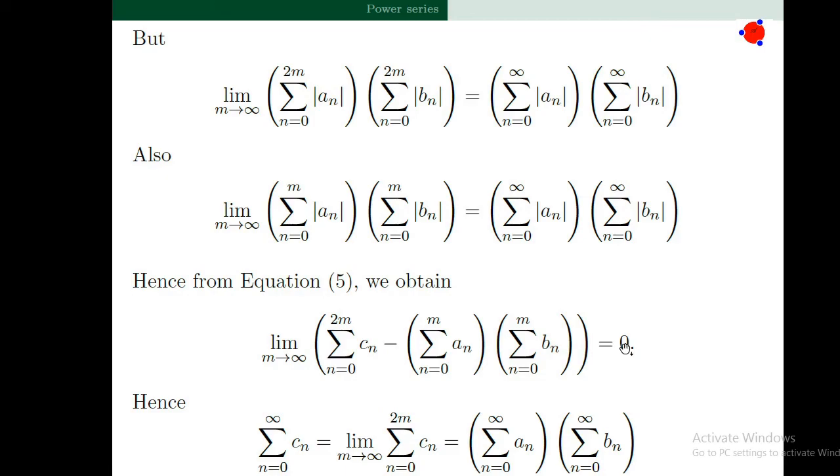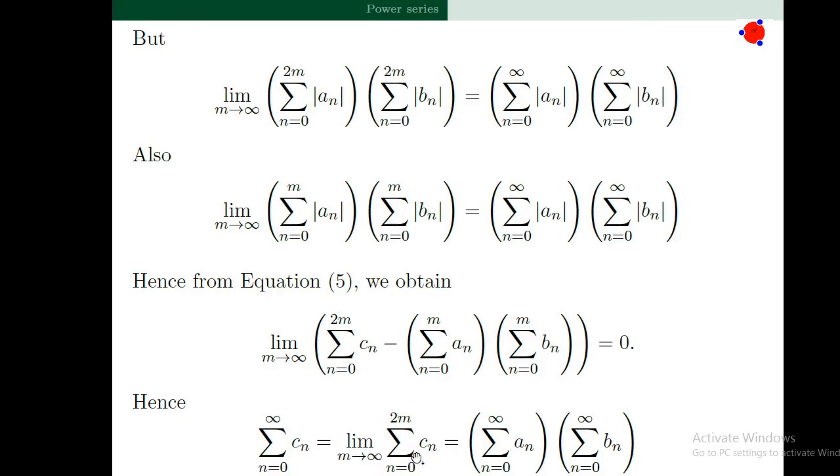And this limit is equal to 0 means the limit of summation n is equal to 0 to 2m cn is equal to limit of summation n is equal to 0 to m an into limit of summation n is equal to 0 to m bn. But the limit of the first term is summation n is equal to 0 to infinity an, and the limit of the second term is summation n is equal to 0 to infinity bn. But this is the same as summation n is equal to 0 to infinity cn.